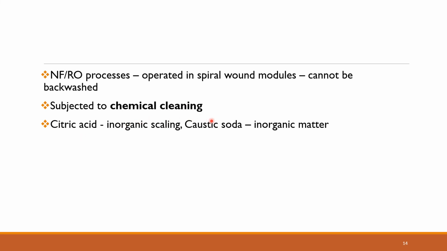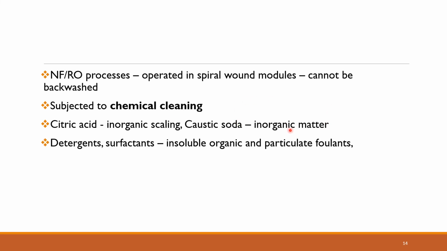Different chemicals can be used to remove different types of contaminants, such as citric acid and caustic soda used for removal of inorganic scaling and inorganic matter that is deposited on the membrane. Whereas you can use detergents and surfactants, basically soaps, to remove the insoluble organic and particulate deposition from the membrane. Whereas you can use a strong chlorine solution to remove the deposition of organic matter, that is biological organic matter, from the surface.